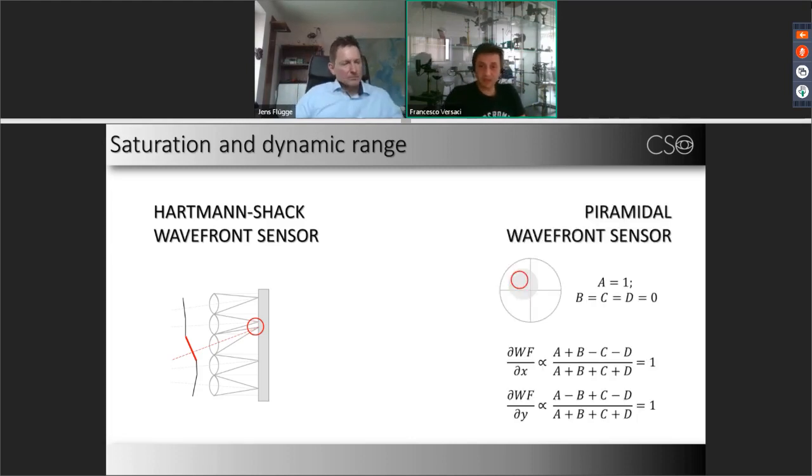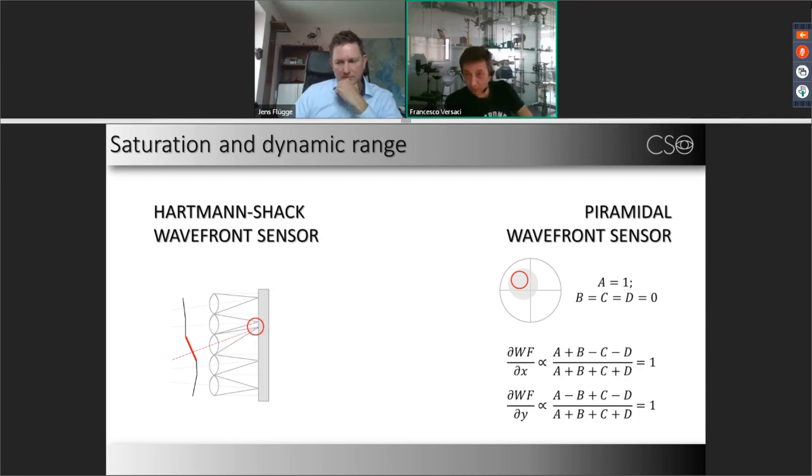We have something similar in the pyramidal wavefront sensor when some part of the wavefront has a local tilt so strong that all the energy falls in one single quadrant of the pyramid.